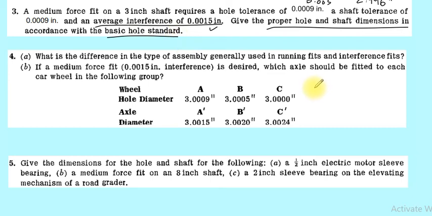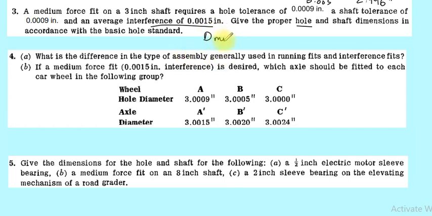So the main principle in this problem is going to be the same that we just saw in the previous problem. So I will just give you the hint. First of all, you have to find out the dimensions of the hole, which is quite easy. Then, since you are given the value of interference, you have to write the formula to find out the interference.